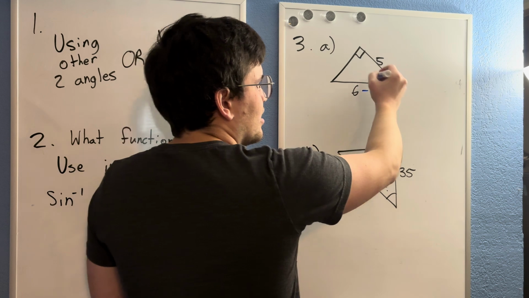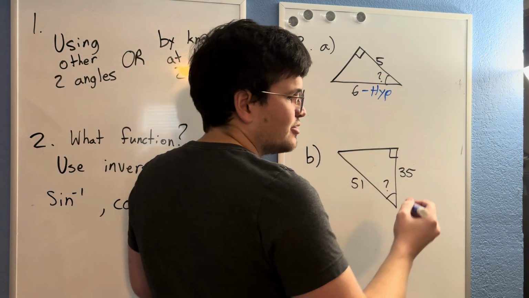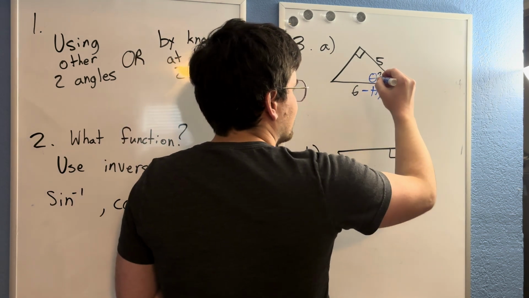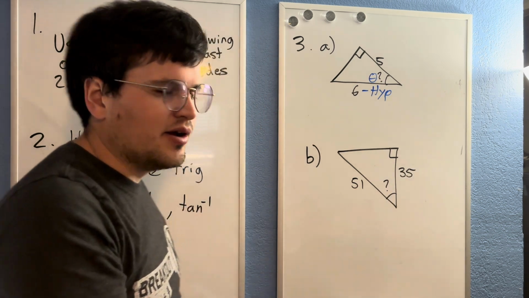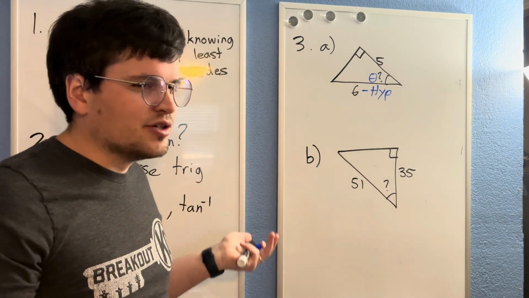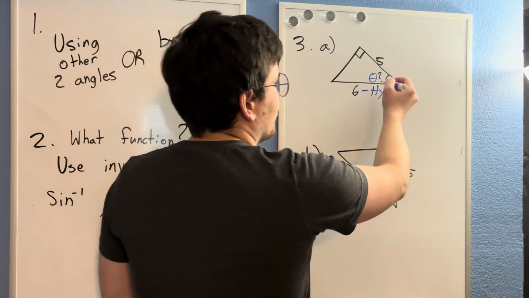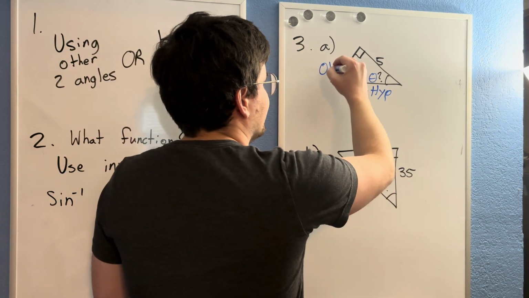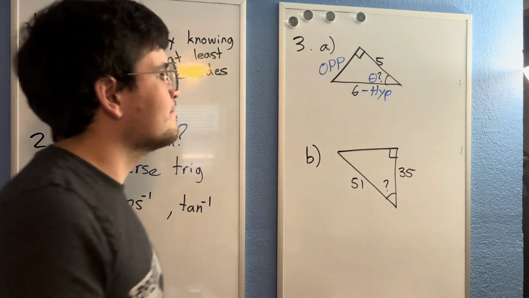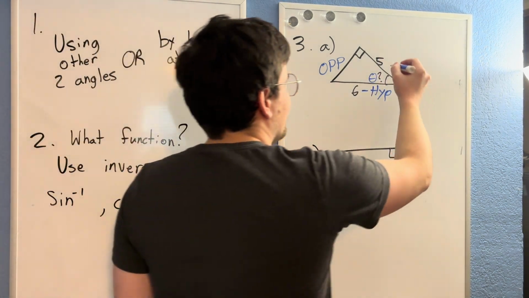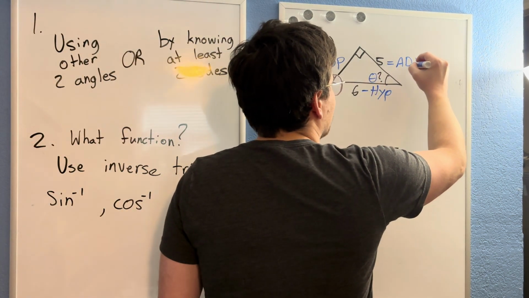This question mark, I'm going to replace with a theta because we like to find theta when we're talking about angles. It still works with a question mark. It's just a variable that we can find. Across from the theta is my opposite side, and that leaves the 5 over here to be my adjacent side.